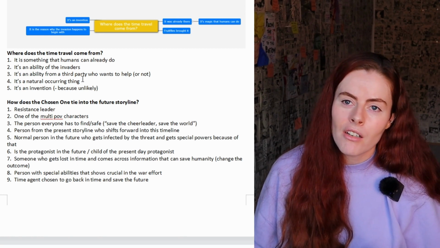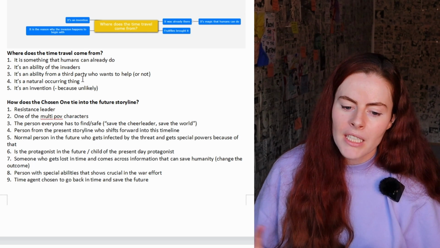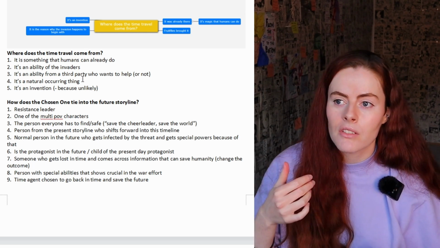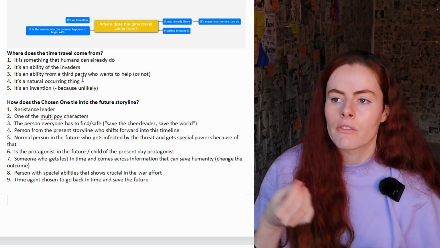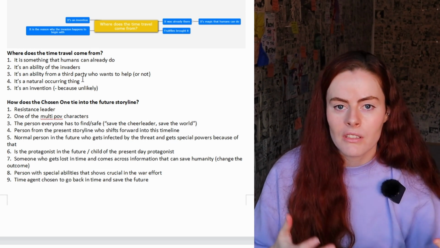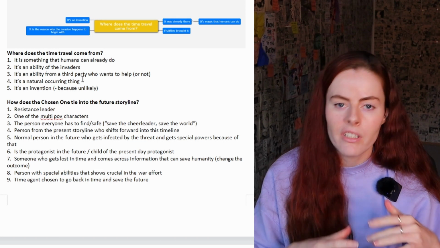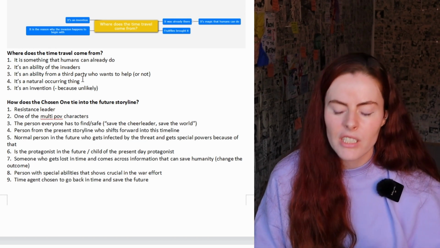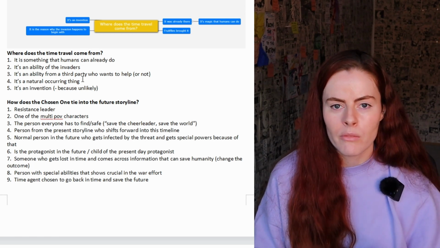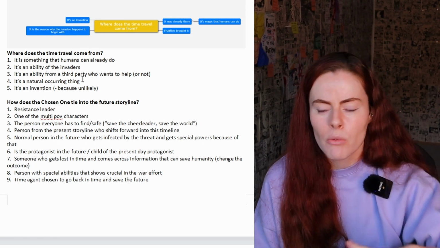I don't like the idea of time travel already being in the human world, for two reasons. First of all, if humans can time travel, they would have used it a ton in the past, and a lot of other conflict would stem from that. So that just tells a different story than I want to tell, and would divert attention away from what I actually want to be the story.